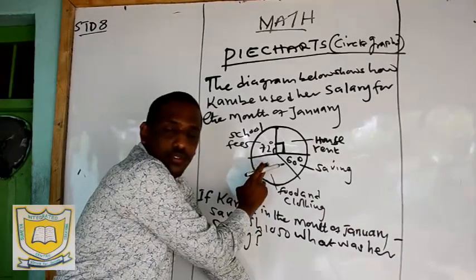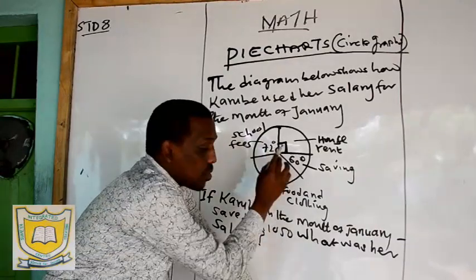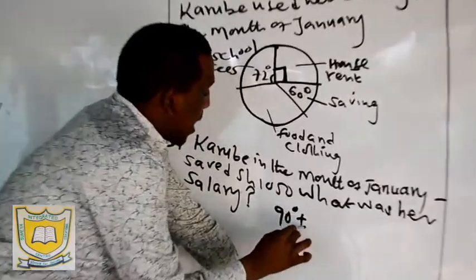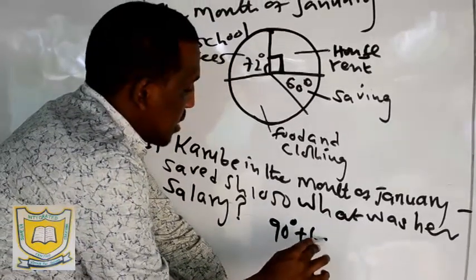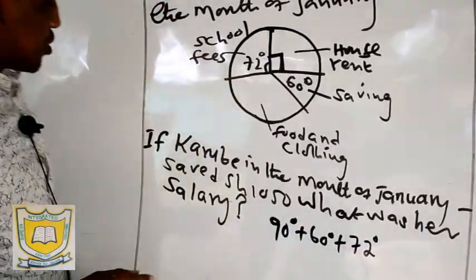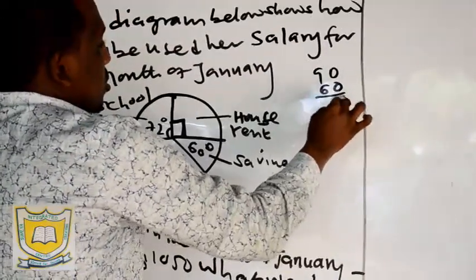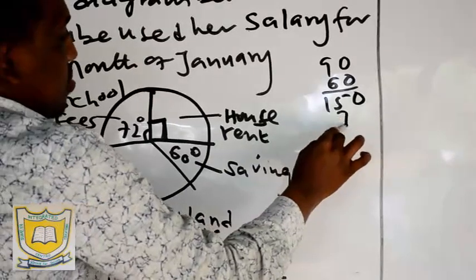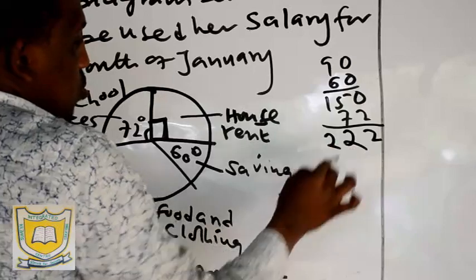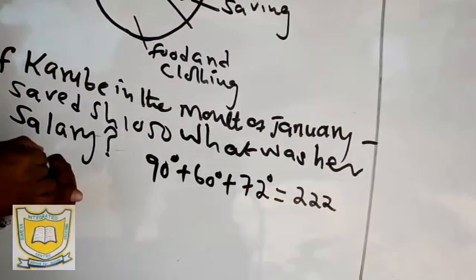So we add the degrees we have: 90 degrees plus 60 degrees plus 72 degrees. 90 plus 60 is 150, plus 72 is 222.